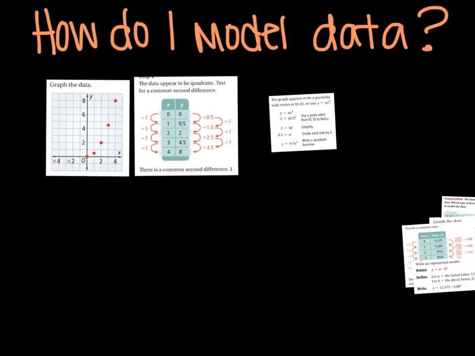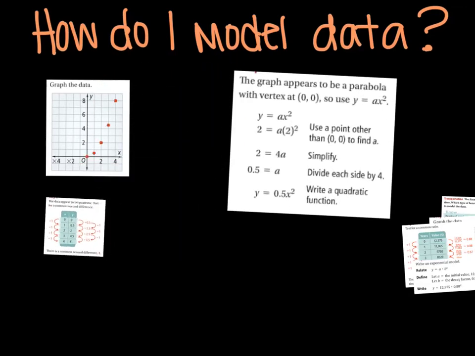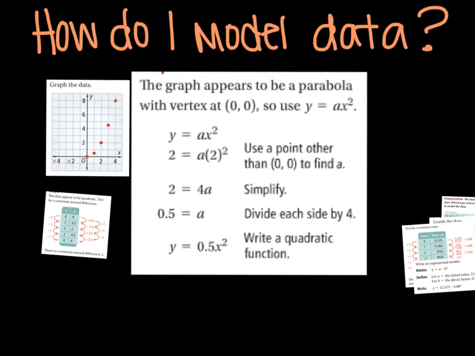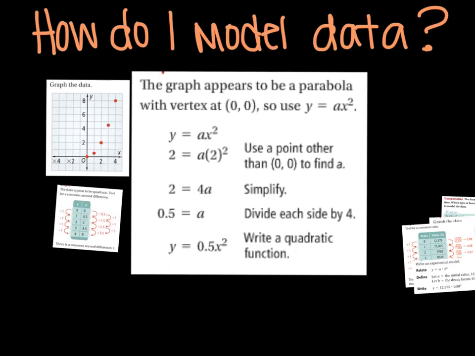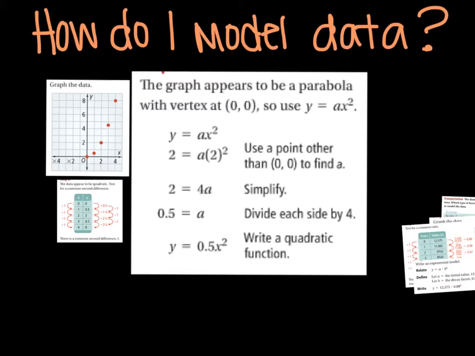After you know that, you'll want to write an equation, and because you have discovered that it's quadratic using both the graph and the table, you're going to use the graph, which is helpful to know where the vertex is. So in this case you can use y equals ax squared because the vertex is at 0, and then you can plug in a point, any point that is given to you already.